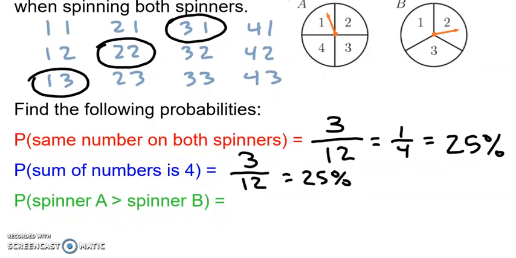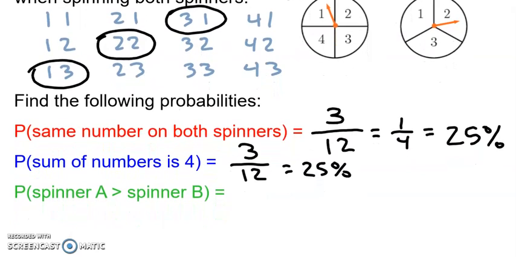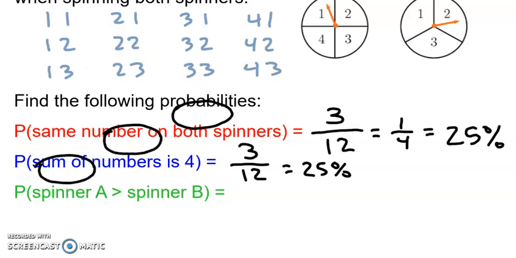Our last example here, what is the probability that spinner A is going to be greater than spinner B? Let me go back to my sample space. Well, I'm looking for spinner A, which I put on the left side, to be greater than spinner B. It's not going to work for this first column here.